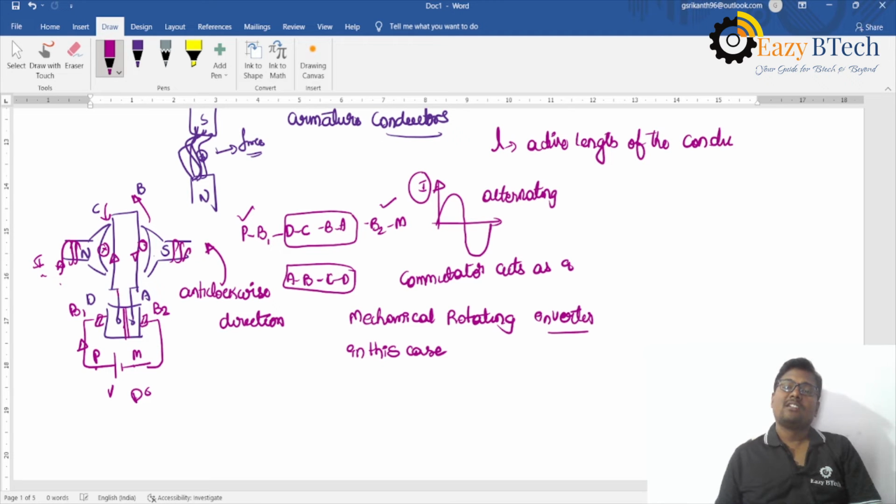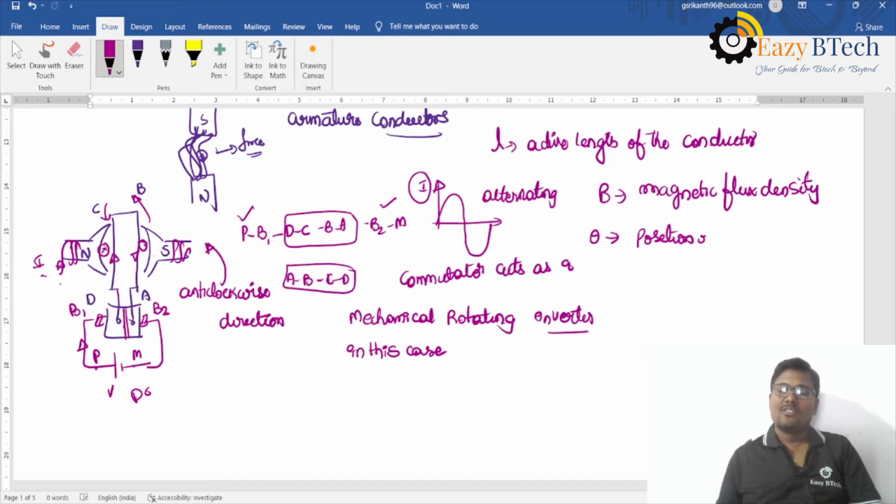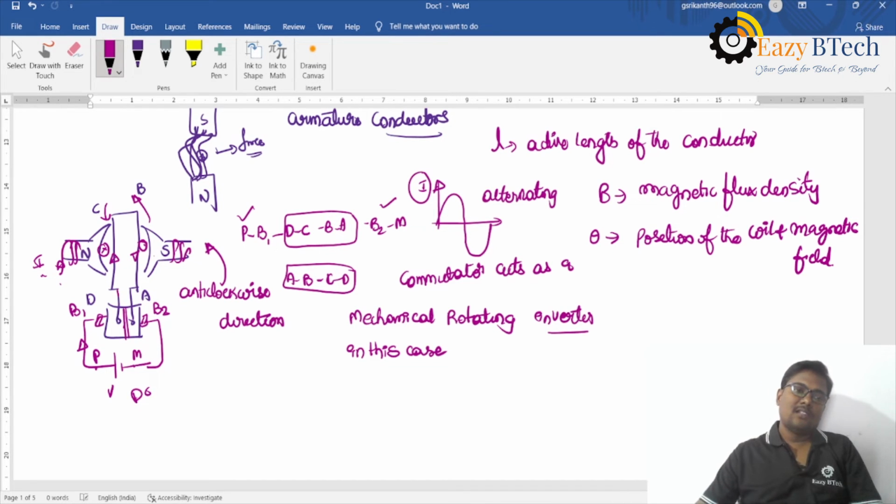B is the magnetic flux density, and theta is the angle between the position of the coil and the magnetic field.